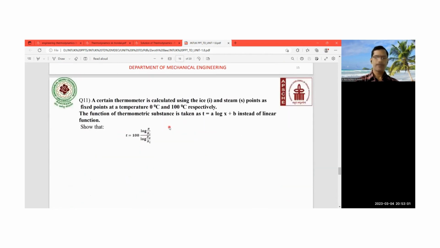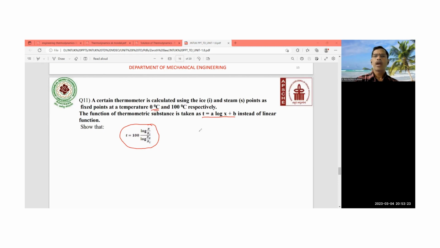And there is one more derivation. Sometimes you can also get a derivation like this case. Here you have to prove the relation T is equal to 100 into log x by xi divided by log xs minus xi, using this basic fundamental. This is the linear relation.